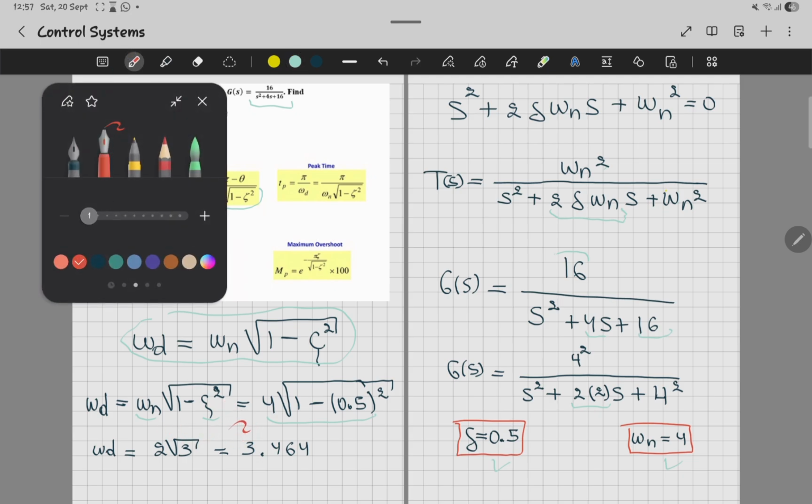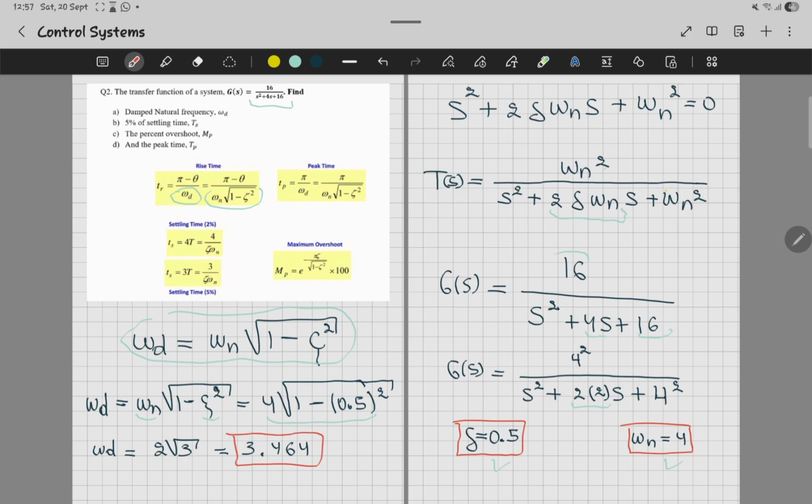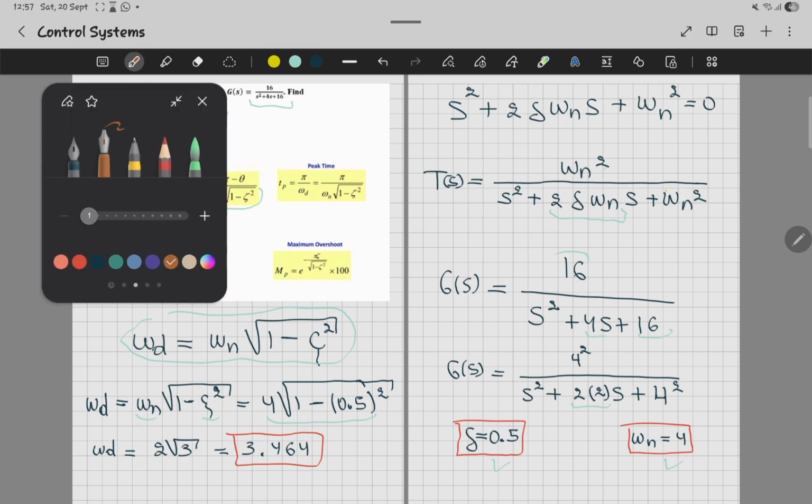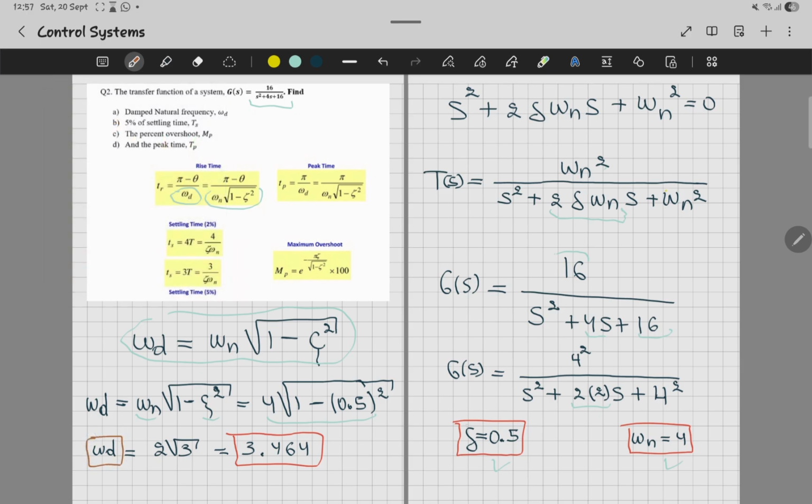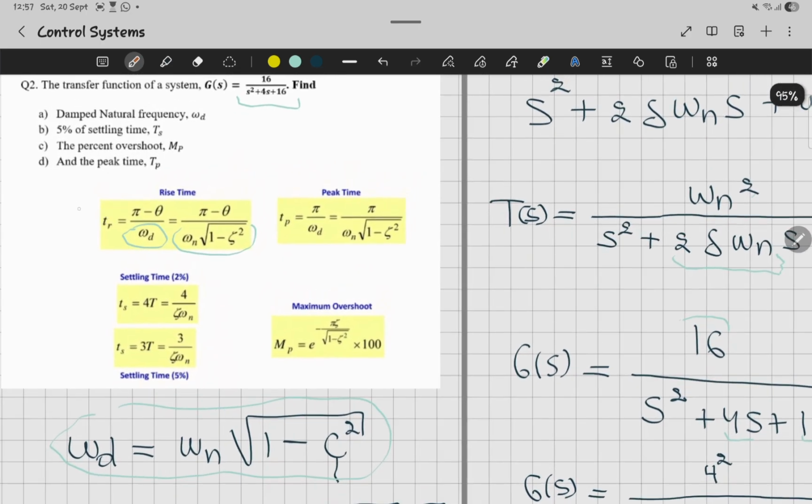This is based on what we have as our equation, so it's going to depend on what you have. Once you get these 3 components, you'll be able to use all these formulas that you see here. It's just a repetition, so it's just what you see here that you're going to use.